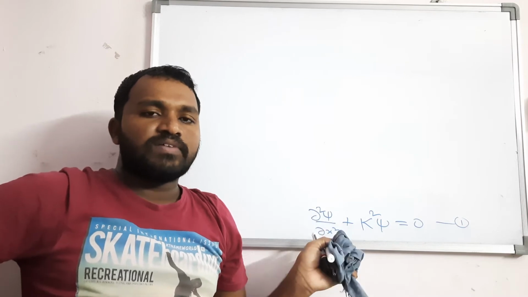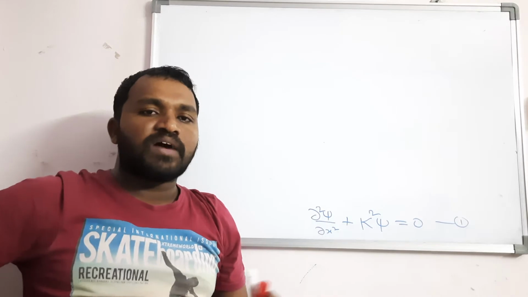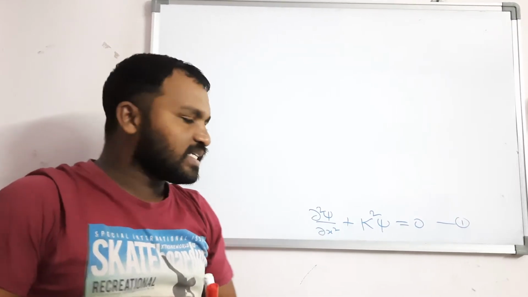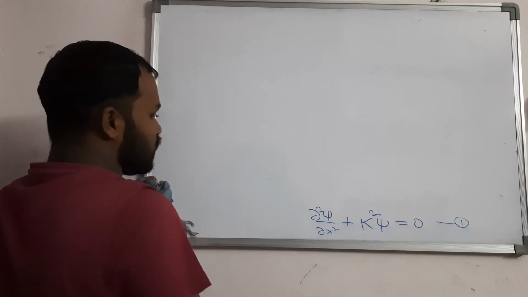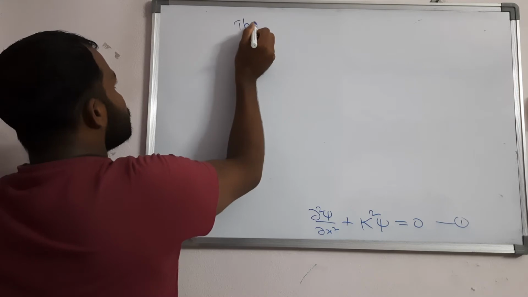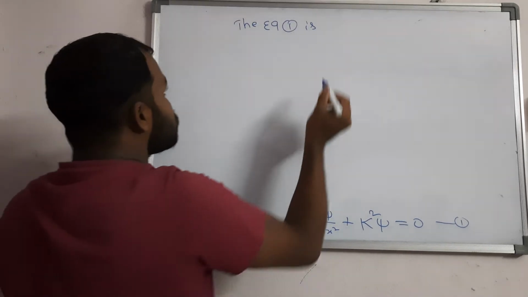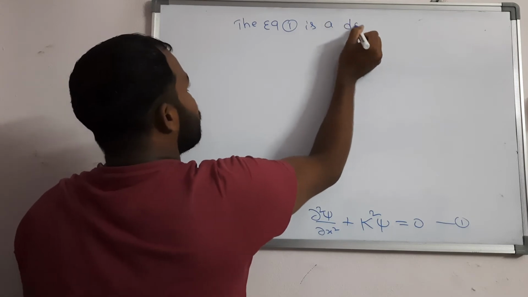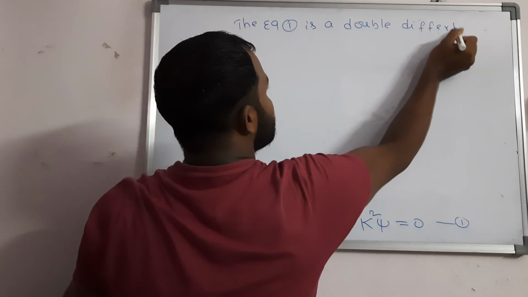If you solve it, you will get the solution in terms of trigonometric functions. I am writing the solution directly, so don't write it down yet. You should write that equation 1 is a double differential equation, meaning del square.